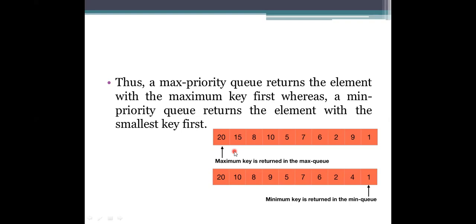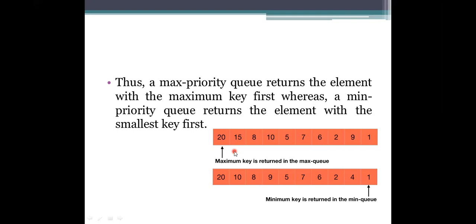Why are we using the heap? To improve the performance of this priority queue. The insertions and deletions, that is the removal of elements, are easier using the heap when compared with the other implementation methodologies.